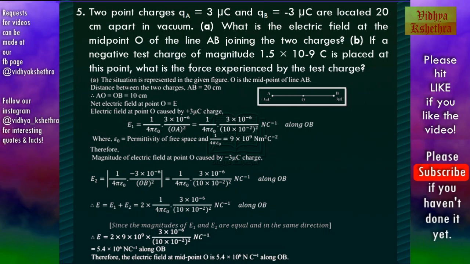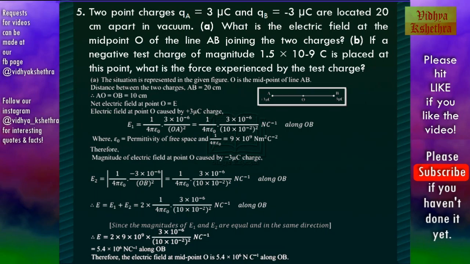Similarly, the field due to the negative 3 microcoulomb charge, E2, is also given by 1 by 4 pi epsilon 0 into minus 3 into 10 raised to minus 6 by OB square, and this is also along OB.